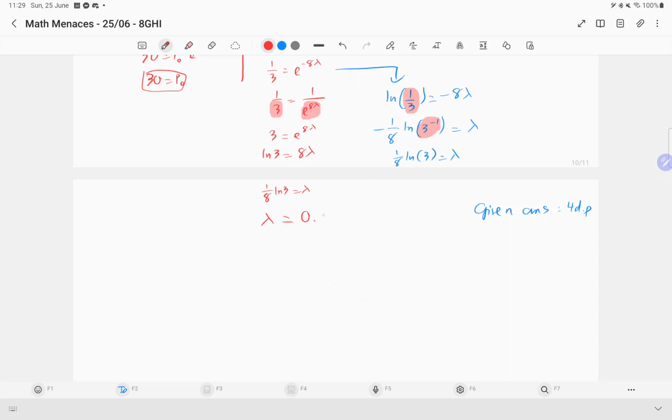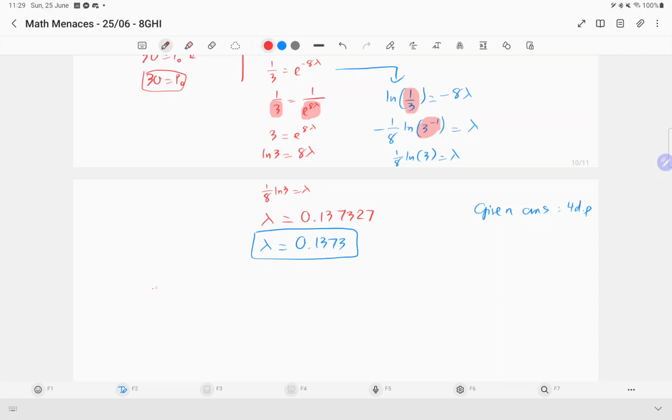I write 2 versions: 0.137327, which is 2 more than 4 decimal places, and then 0.1373. I show this one as the value of lambda, because they ask to find lambda to 4 decimal places.